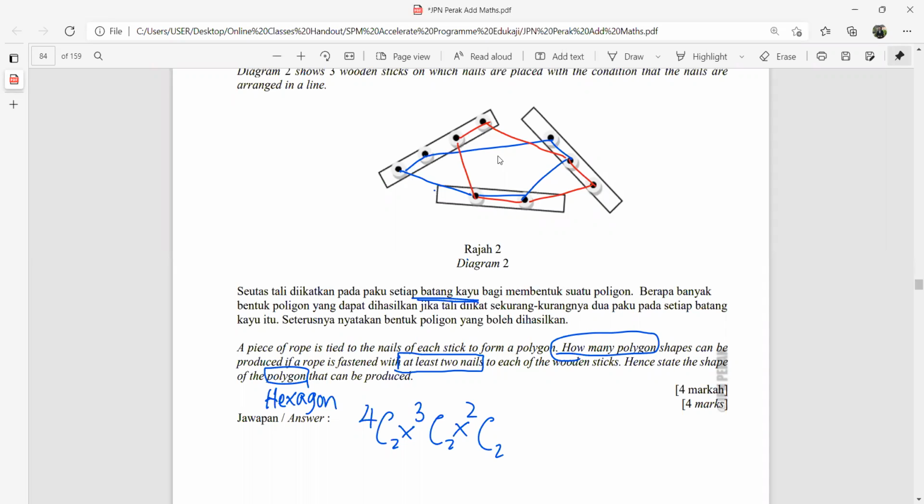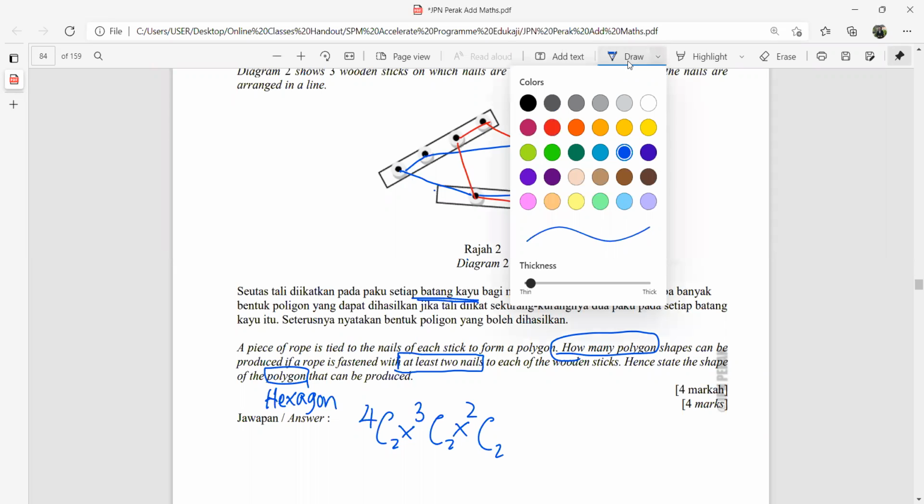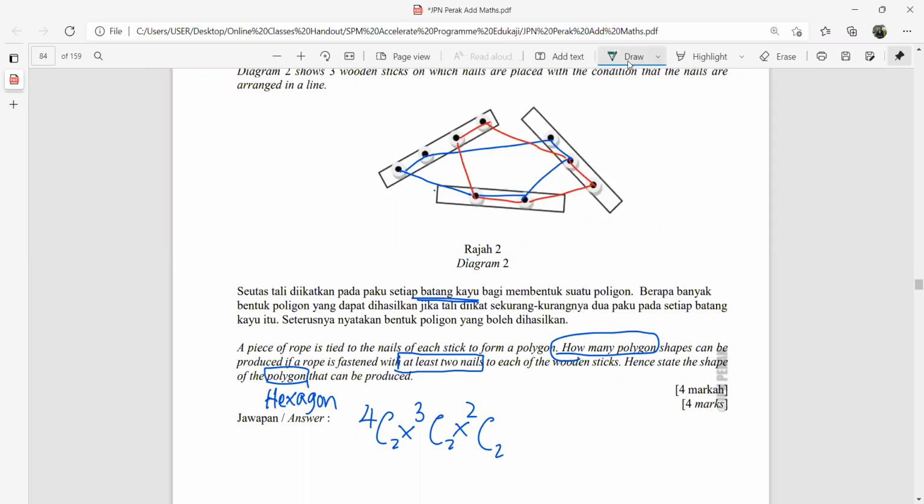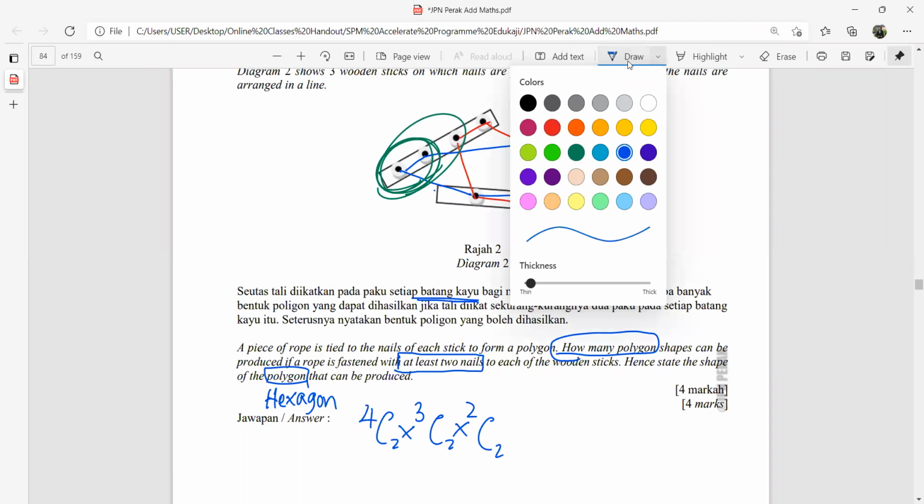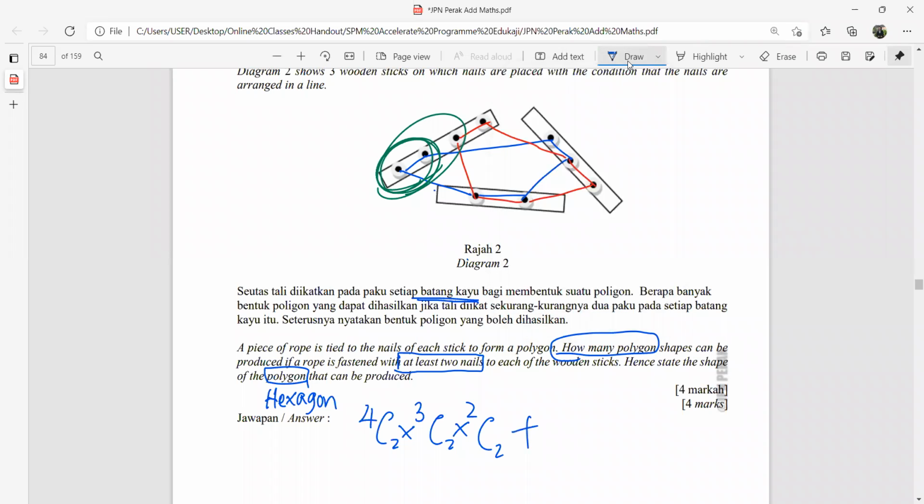Can have 3 nails, right? Because of the keyword at least, you have to be very careful. When you see at least, you have to understand it can be 3 also. So you have to add another possible way.